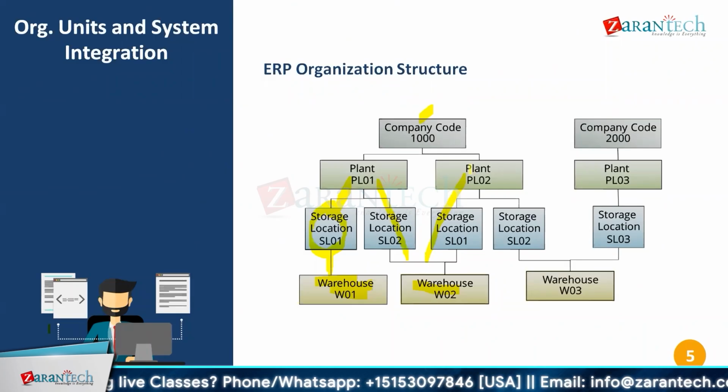That is basically a warehouse which belongs to plant PL02, where they are storing raw materials and finished goods and whatever. So warehouses can be shared between different plants of the same company code. Now we can also have warehouses shared between plant store locations belonging to different company codes. Isn't it logical? Because you have a warehouse in a region or a distribution center.